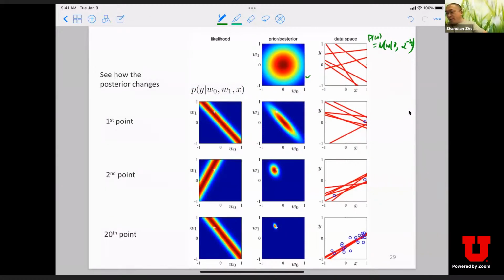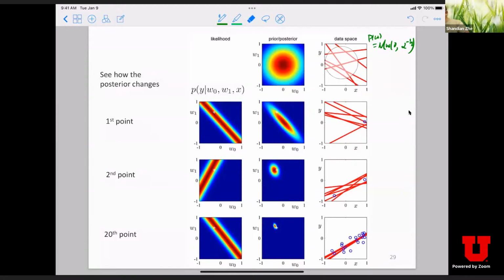All those figures are heat maps: the more orange or yellow means larger values, and the more bluish means smaller values. Of course, at the center, which is 0 and 0, you have the largest density. As you get far away from the mean, the density decreases. This is typical behavior of a Gaussian prior density.